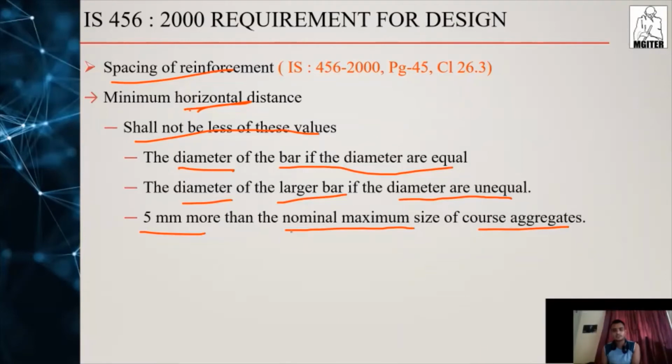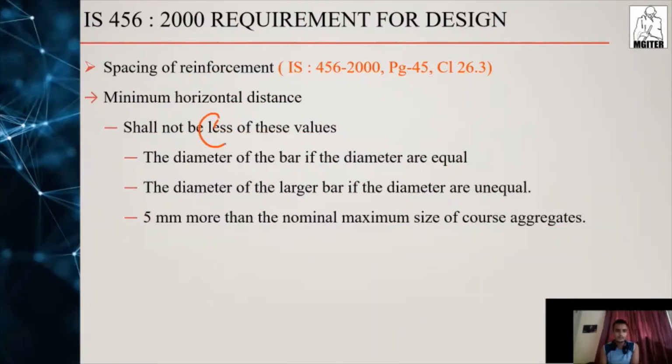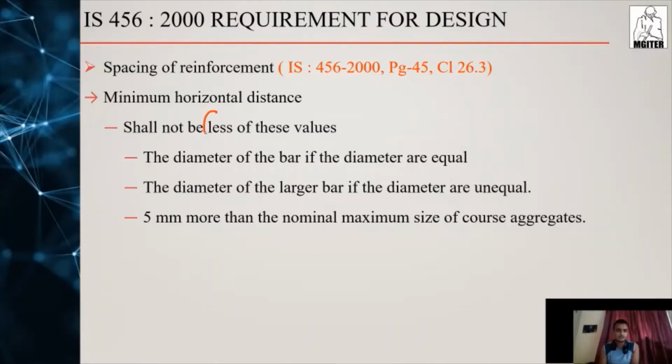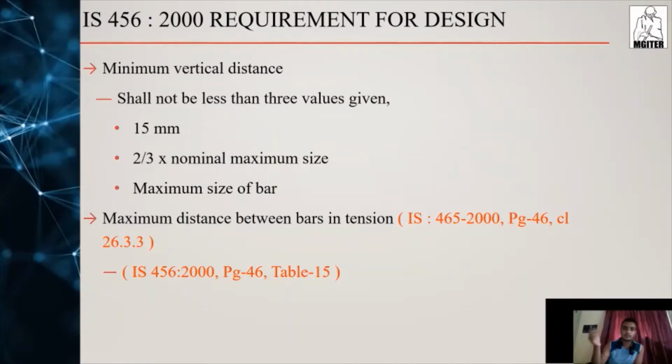All three values are given in IS 456 2000, page number 45, clause number 26.3. Means your spacing of reinforcement will not be less than these three values. Understood?